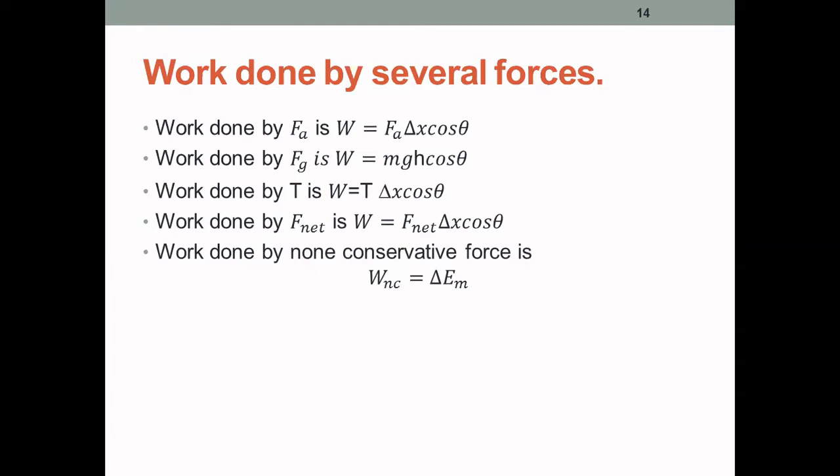We have the work done by non-conservative force, which is equal to change in mechanical energy, which is change in kinetic energy plus change in potential energy. We have the work done by friction, which is W equal to friction times displacement cos of theta, where theta is the angle between friction and the displacement.